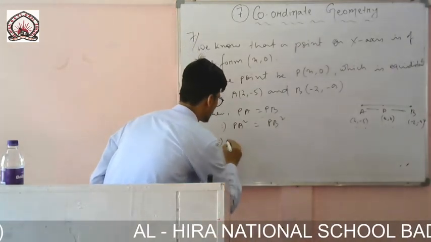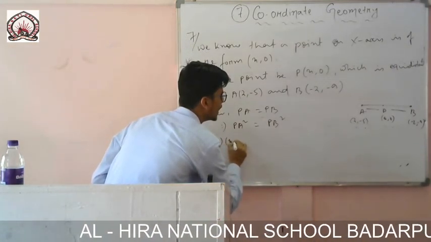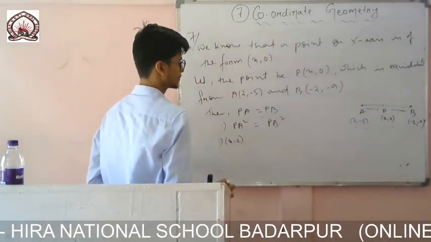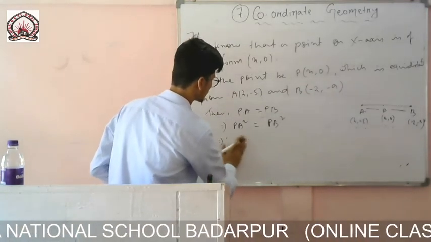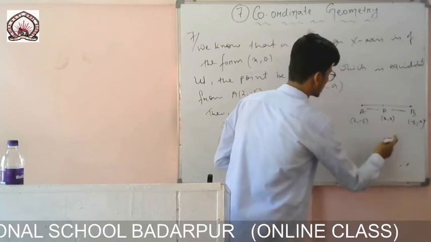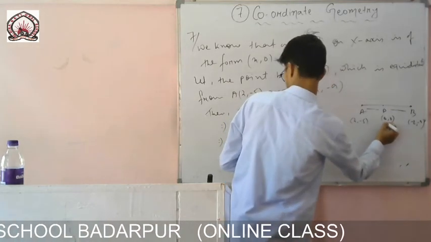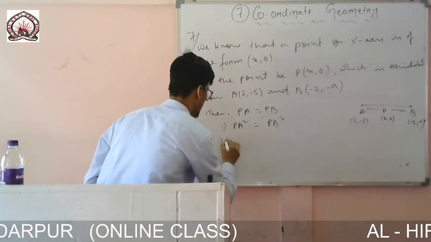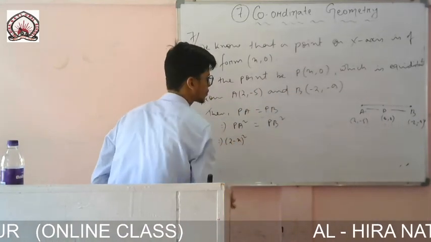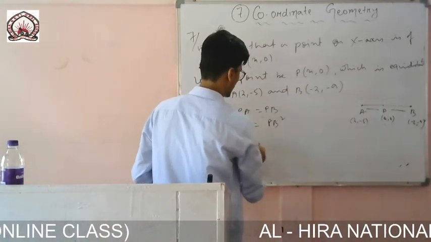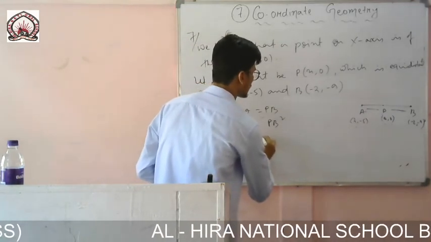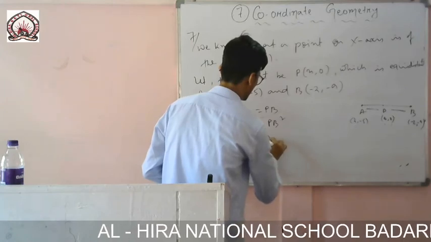So it will be 2 minus x whole thing square plus minus 5 minus 0 whole thing square.